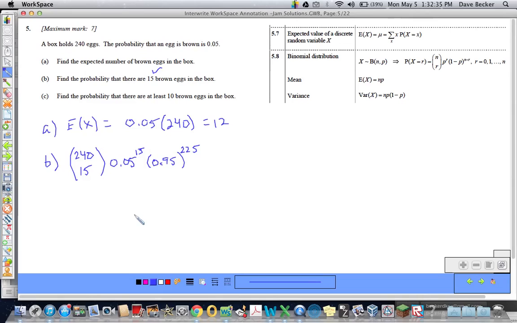We would crank that on our calculator, and that is equal to about 0.073.